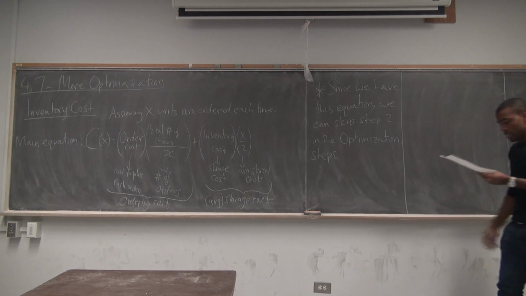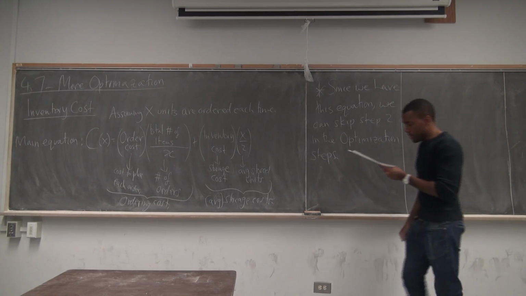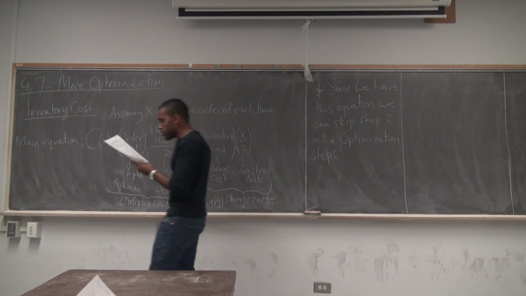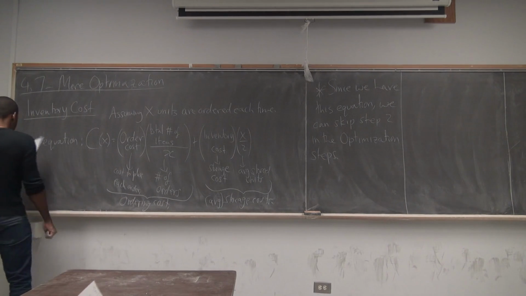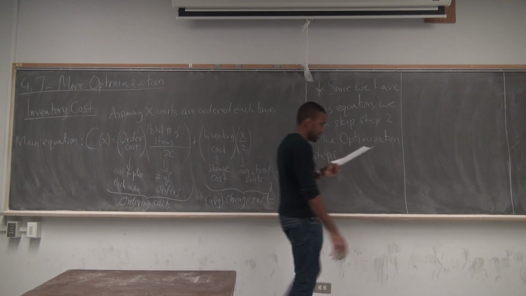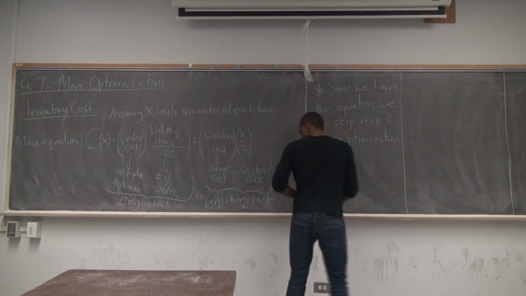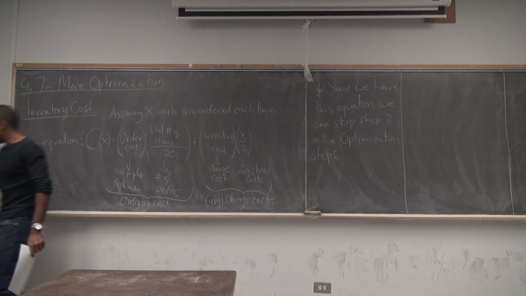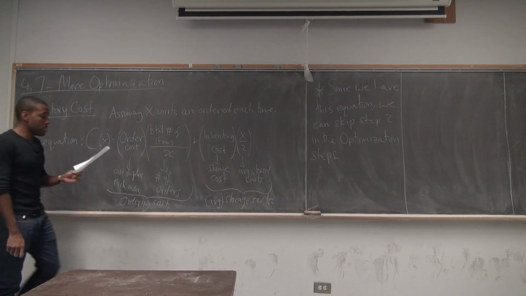That being said, I only gave one equation here. Return to the hot dog story. Jhevon sells 1,500 hot dogs per year at a steady rate. So I'm back at the hot dog stand and I'm selling 1,500 hot dogs over the course of a year, at a steady rate.